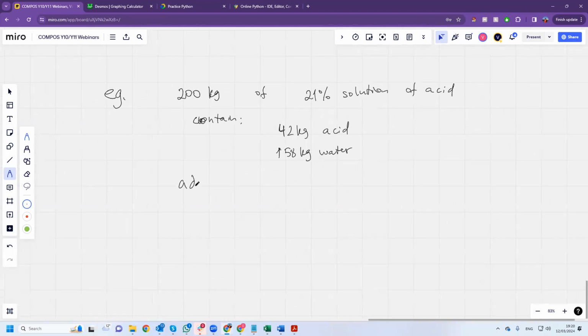So we have 200 kilograms and it's 21% acid, 79% water. So that's 42 kilograms and 158 kilograms.